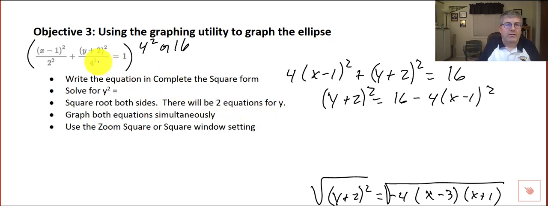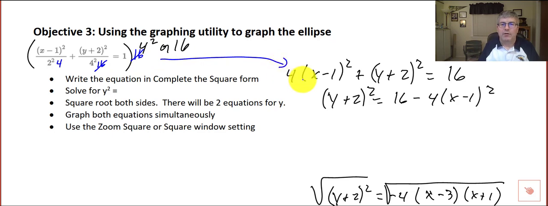So in this particular example, with a denominator of 16 and 4, if I multiply everything by 16, the 16s will cancel, but here I'm left with 4 in the numerator, so after I multiply by 16, I'm left with 4 times (x minus 1) quantity squared plus (y plus 2) squared equals 16.